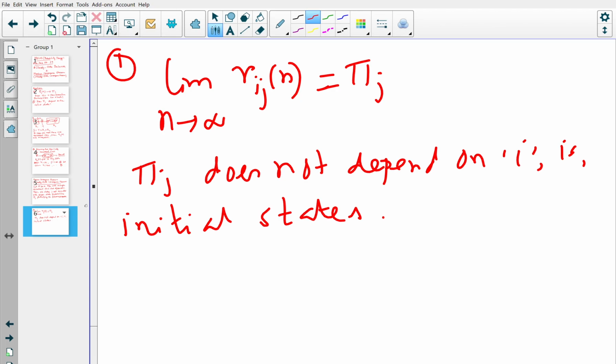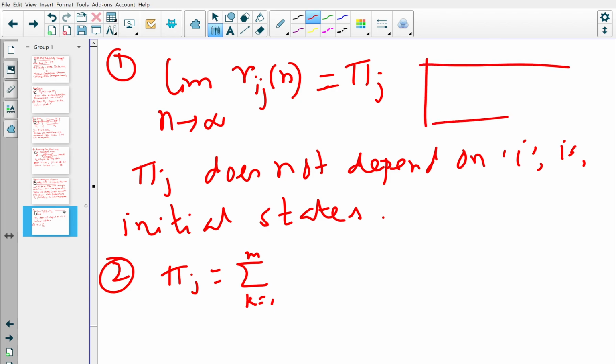Then property number 2: this pi j satisfies this equation. So pi j equals the summation over k equal to 1 to m, where I'm assuming that m is the cardinality of S, so there are finitely many states, of pi k times p kj.